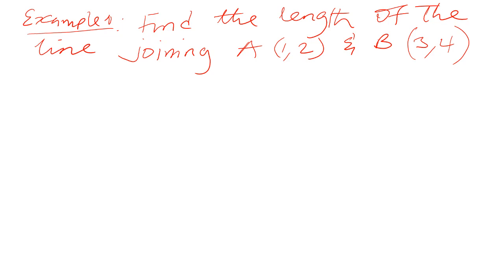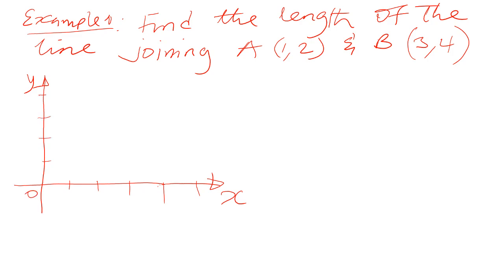Okay, so let's put up that Cartesian plane. That's y, that's x. Okay, 2, 3, 4, 5. 1, 2, 3, 4. So I will be 0, 1, 2, 3, 4, 5.